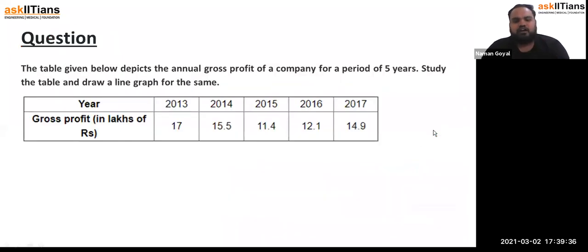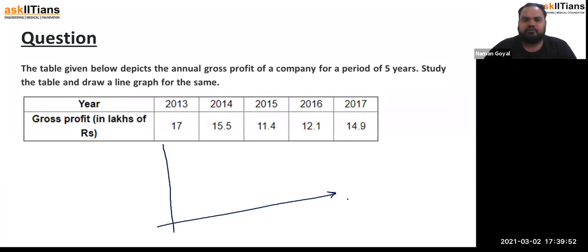Now we have to draw a line chart for this particular question. See how we do this. See the data we have. On the x-axis we are going to take years, on the y-axis we are going to take gross profit. The table depicts the annual gross profit of a company for a period of 5 years.